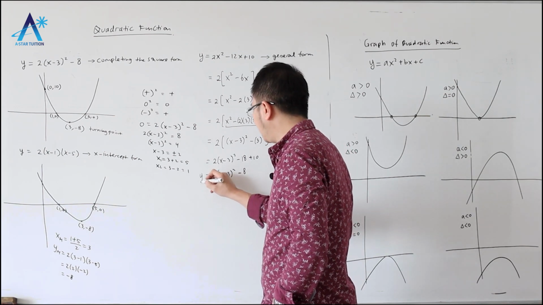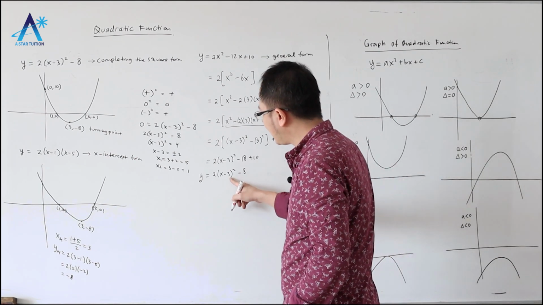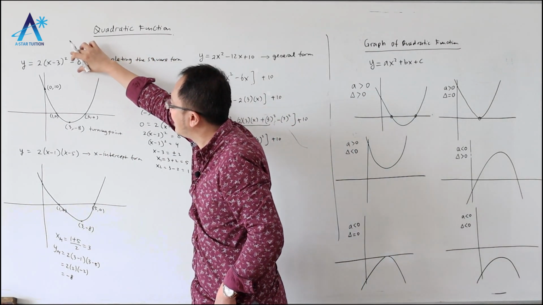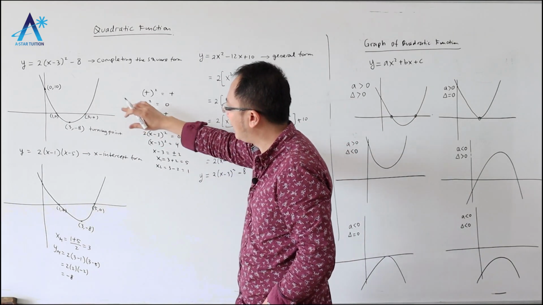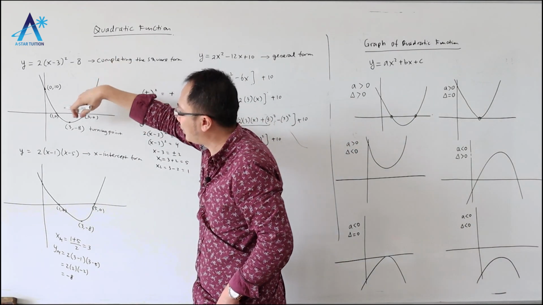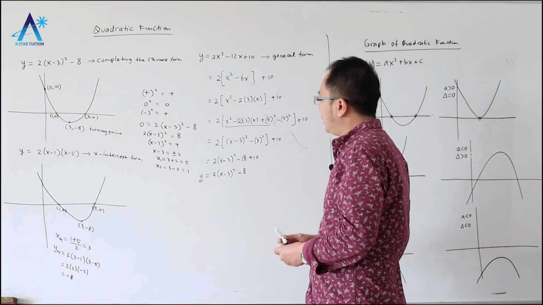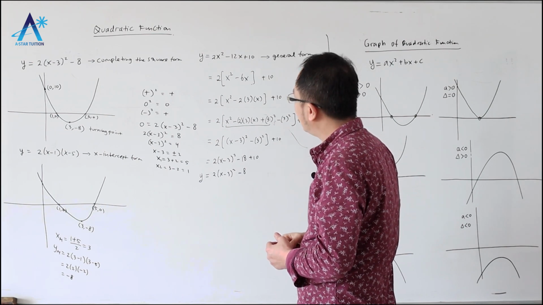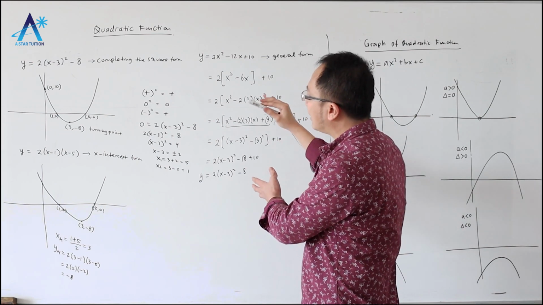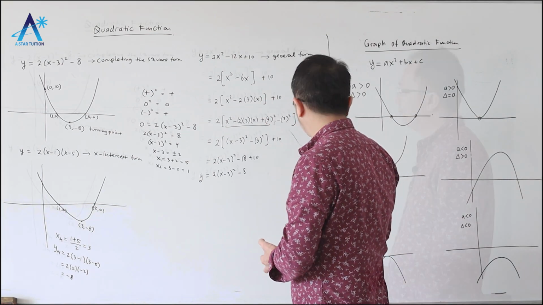So again, this is the completing the square form, which is exactly the same as this. And to graph this, we just need to repeat what we did here earlier. So I guess that is it for the lesson on how to graph the quadratic function.